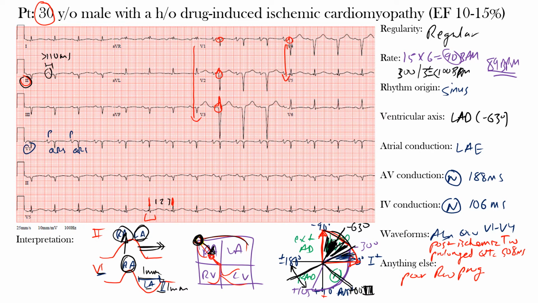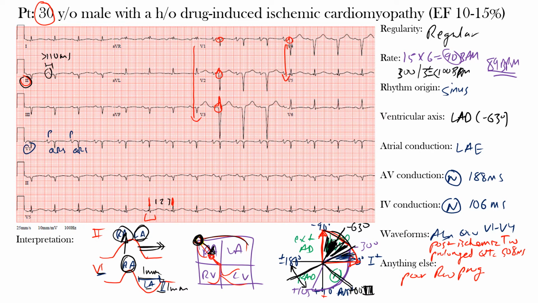If it occurs earlier than V3, this is called a counterclockwise rotation or early transition. And if it occurs after lead V4, then we call this a clockwise rotation or late transition. Therefore, because the transition occurs after lead V4, we call this a clockwise rotation or late transition, and this clockwise rotation is also supporting evidence of an anterior infarct.